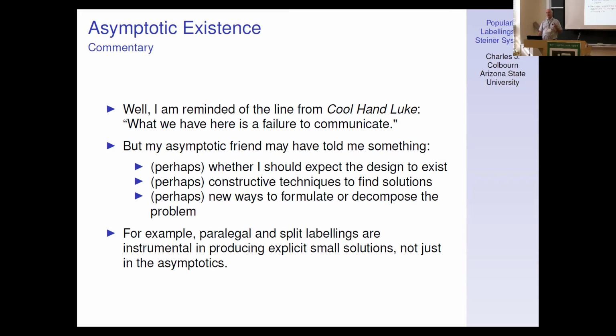So I'm hoping that this communication between the two sides of this street doesn't break completely. I think that both sides have a lot to tell people on the other side, and I think that some of the techniques that are developed in the asymptotic world are definitely going to be useful for us.